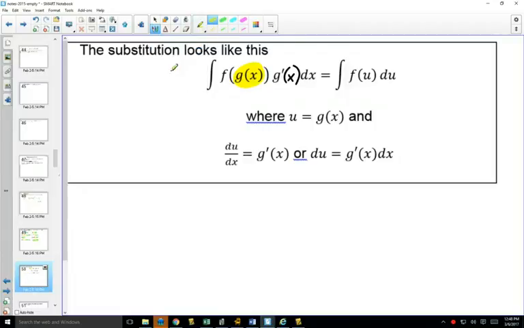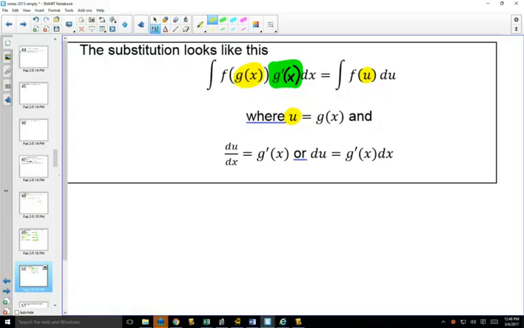But what we did before is we said if you see a function inside of another function and you see its derivative present, what we're going to do is substitute. Instead of writing the inside function, we're going to write u. So our inside function is going to be u.